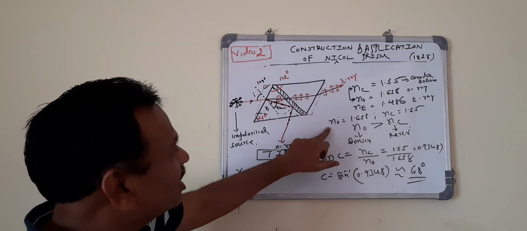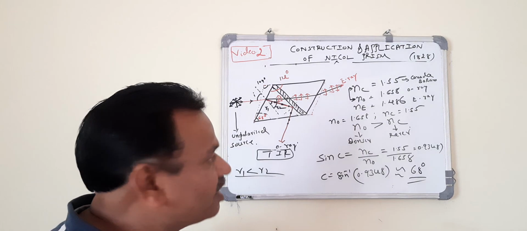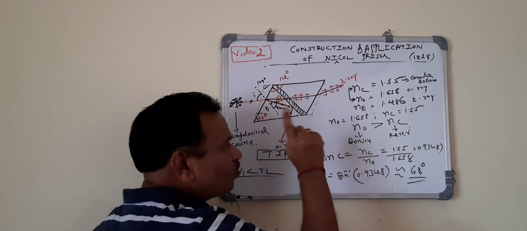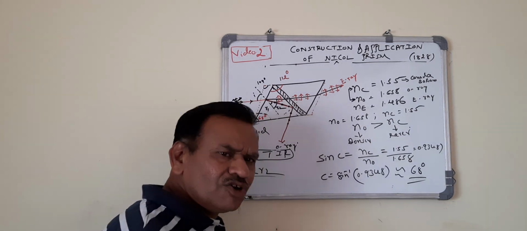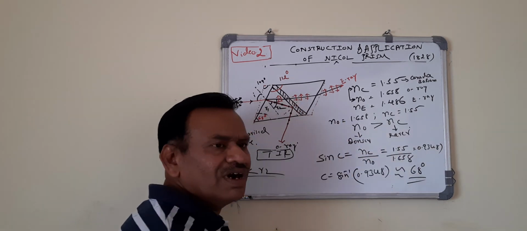Here NO equals 1.658 and NC equals 1.55. I am using only these two because, in order to get total internal reflection, light must travel from the denser to the rarer medium. This is the denser medium and this is the rarer medium.